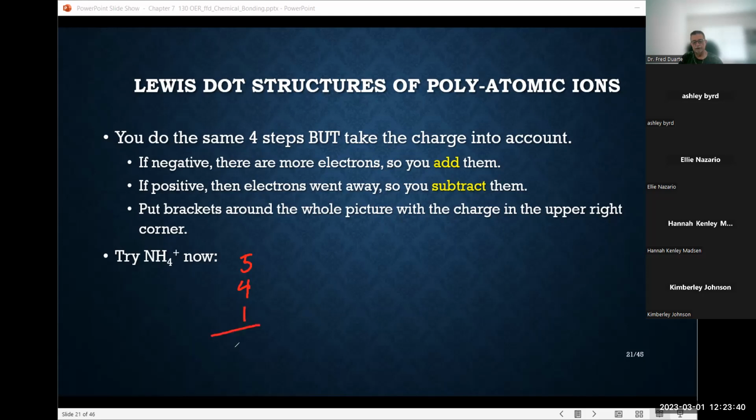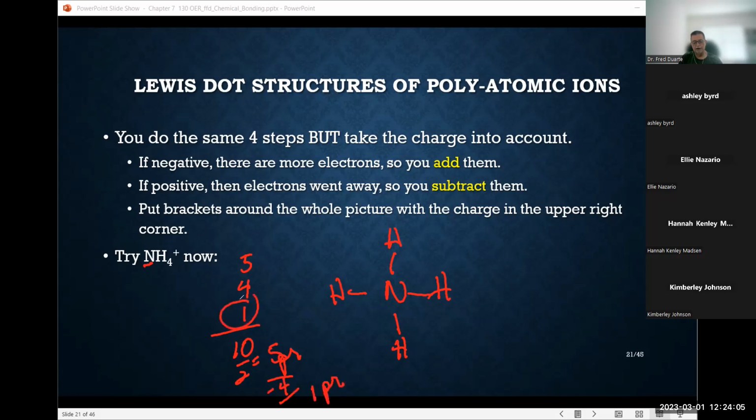Okay, so now we have 10 valence electrons, which is divisible by 2. We got 5 pair. So then we know the nitrogen is the central atom. So we got nitrogen, and then we attach the 4 hydrogens like we've done before. Okay, so that took care of 4 pair. So we got 1 pair left.